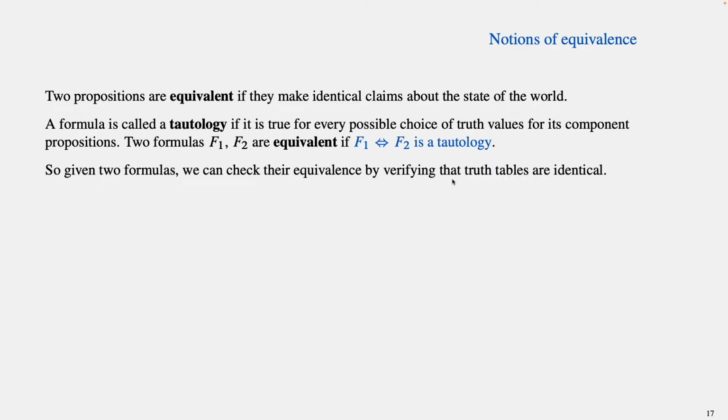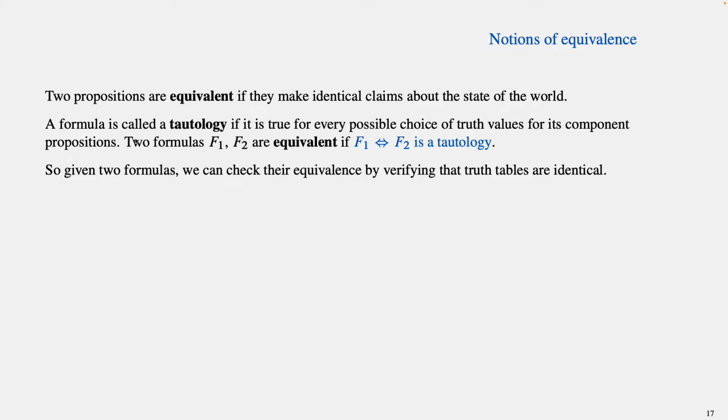So first we say two propositions are equivalent if they make identical claims about the state of the world. And this is an awfully philosophical definition, but we do get something more tangible if we look at formulas. So first, I call a formula a tautology if it assumes the value true for every possible choice of truth values that are assigned to its component propositions.